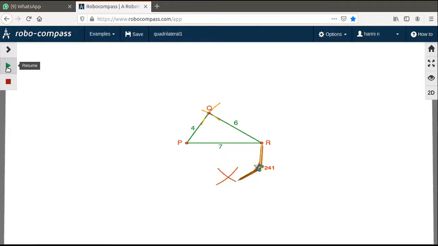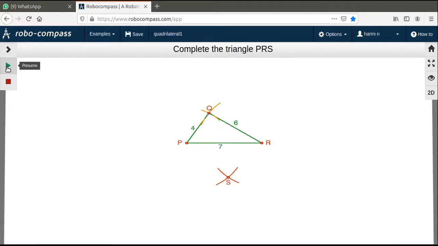What will be the point of intersection now? S. Correct. So mark the point of intersection as S. What's the next step? I got the point S. Now what should be my next step?